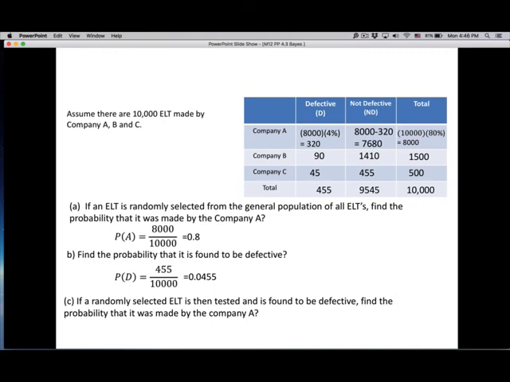C: if a randomly selected ELT is then tested and is found to be defective, find the probability that it was made by company A. So what's the conditional probability? Probability A and D, so made by company A and defective, that will be 320. Probability of defective, so it's going to be out of 455. Okay, you're going to get the same answer as when you use the tree diagram.